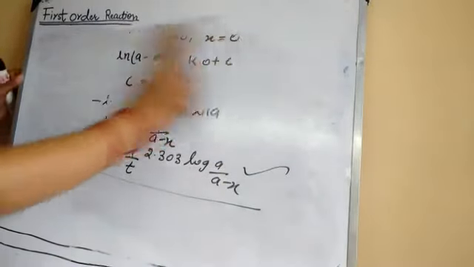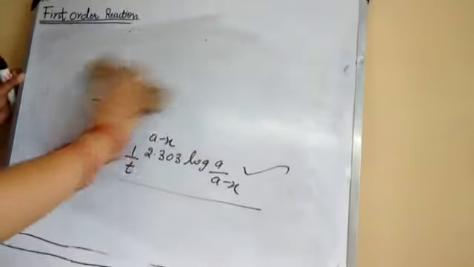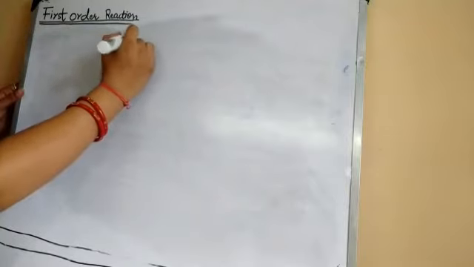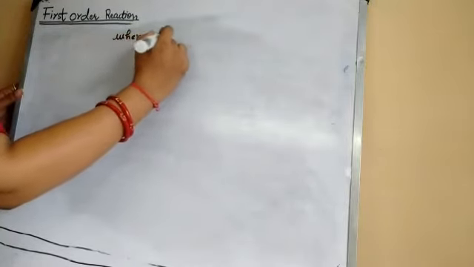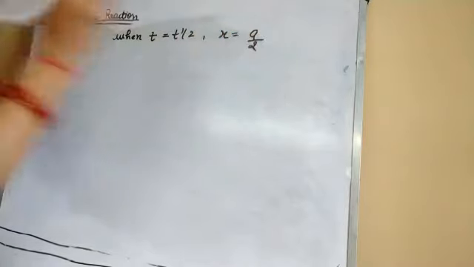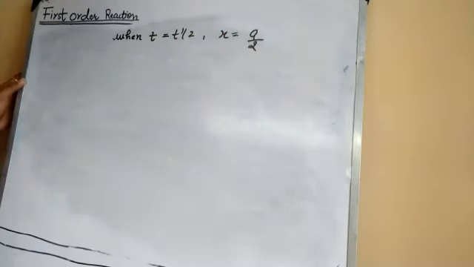Now I will tell you the half-life period for the first order reaction. We will use this expression. For that we consider when t is equal to t half, the concentration will be half of the initial concentration, that is A by 2.